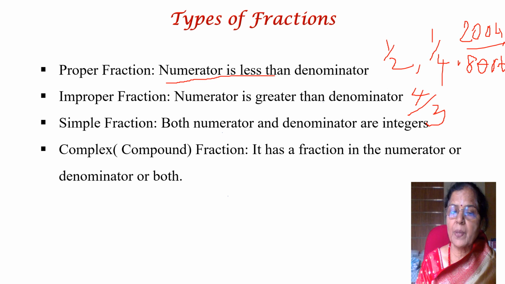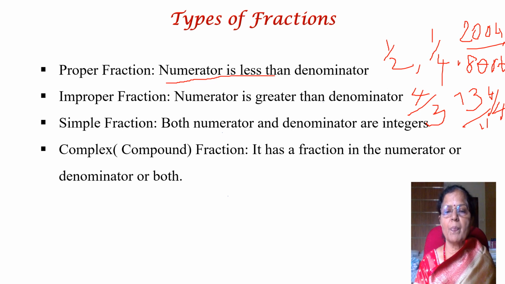So where the numerator is greater than the denominator, 4 by 3 or even 73 by 11. And also 4 by 4 is an improper fraction. Why? Because 4 by 4 is one whole. So this is also called an improper fraction.